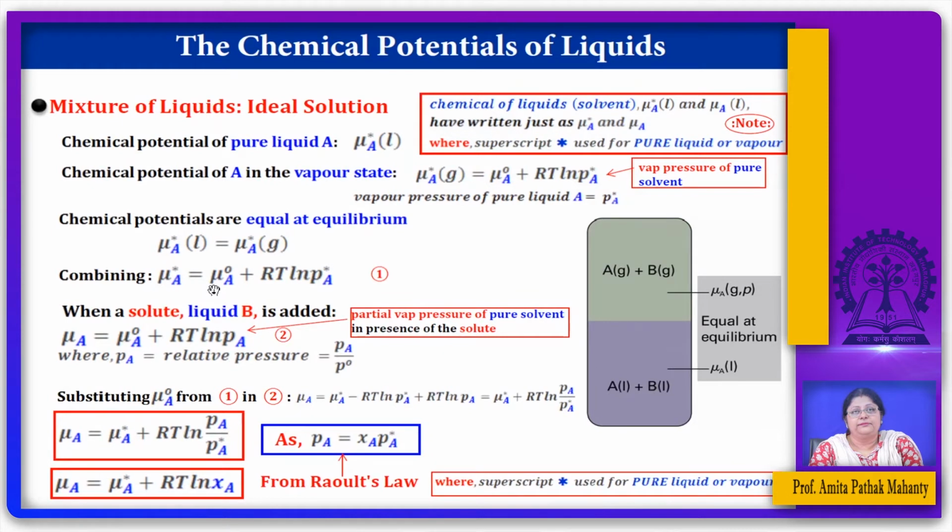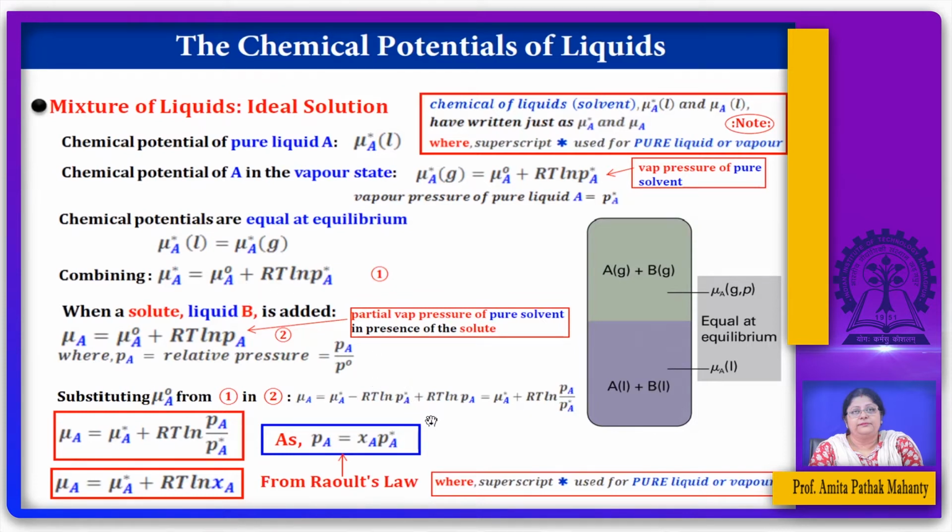Now substitute this mu naught A in this equation 2. So what you get is mu A, which is the chemical potential of the species A after adding the solute B. From here you are getting the chemical potential of the pure state minus RT ln P star A. That's the pure state which you have got from the substitution.